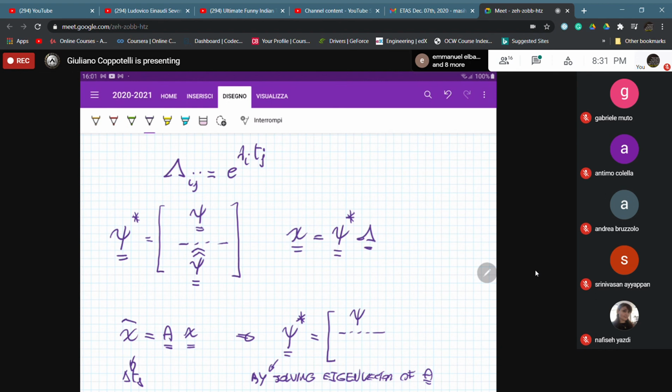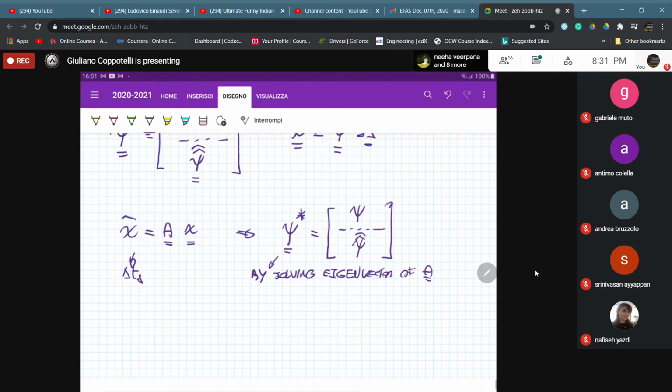Okay, now if the psi matrix and the double hat matrix are the same, that means that there is no noise at all.